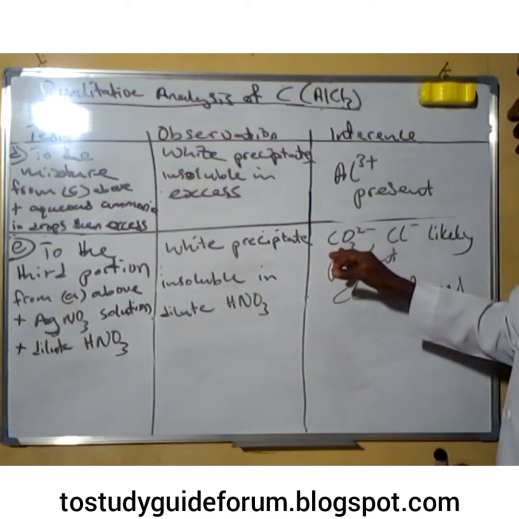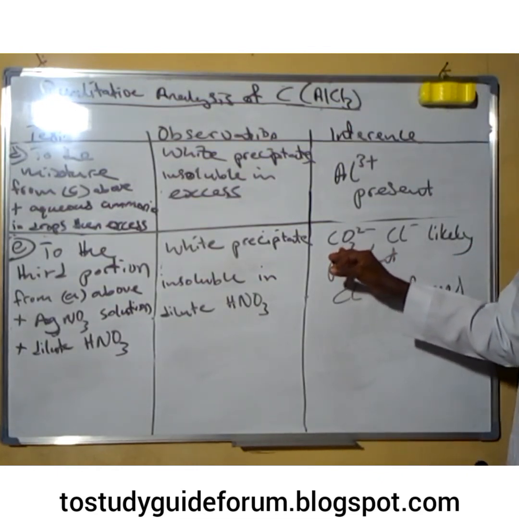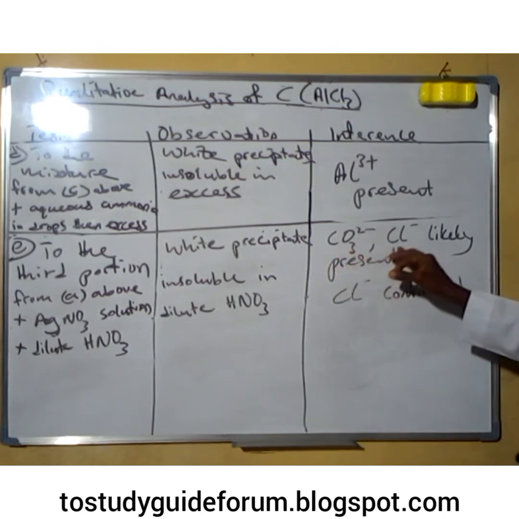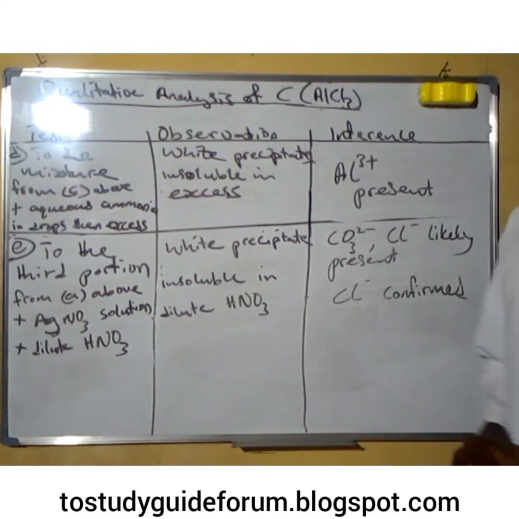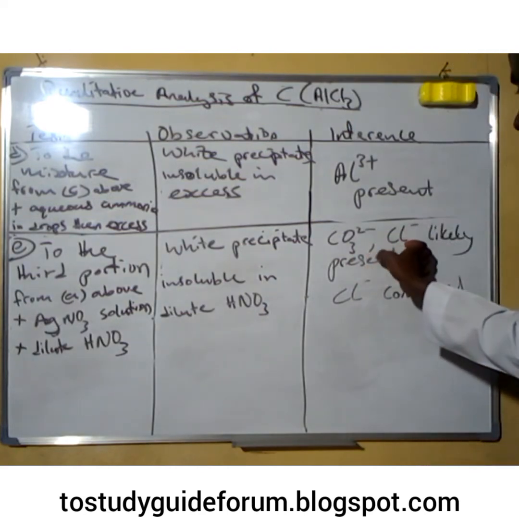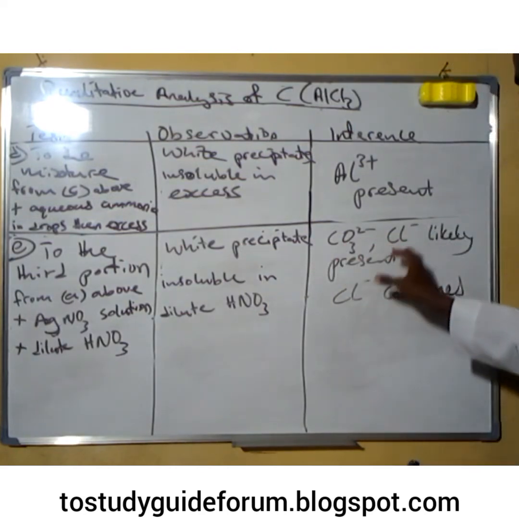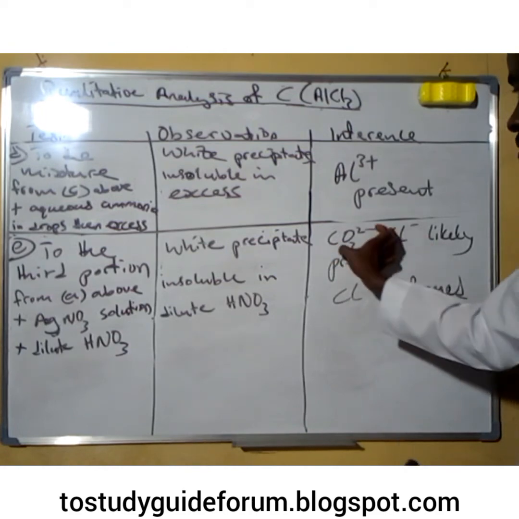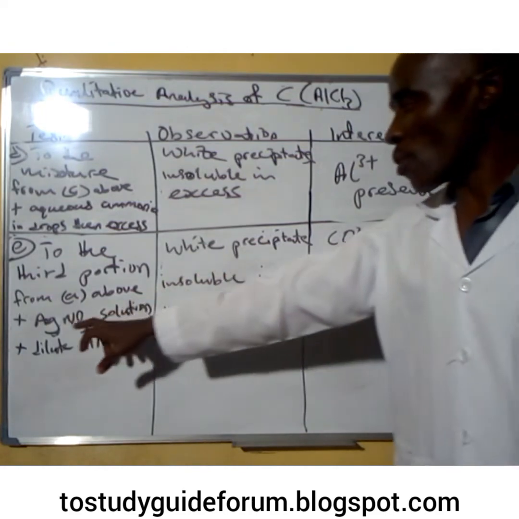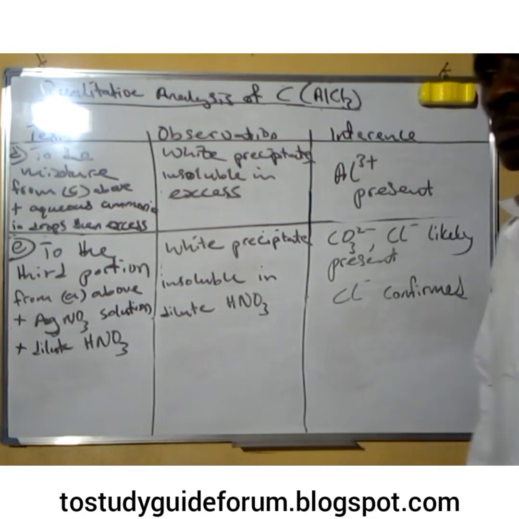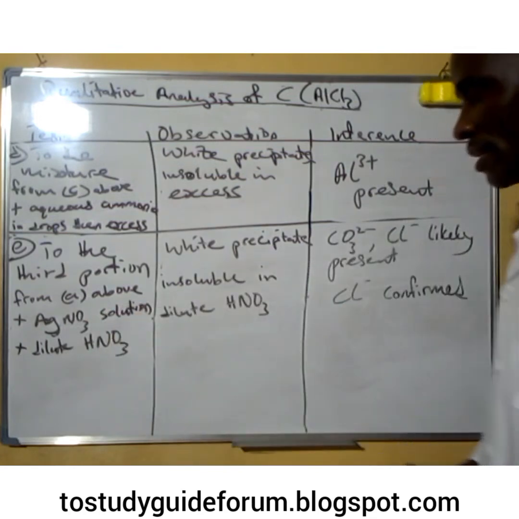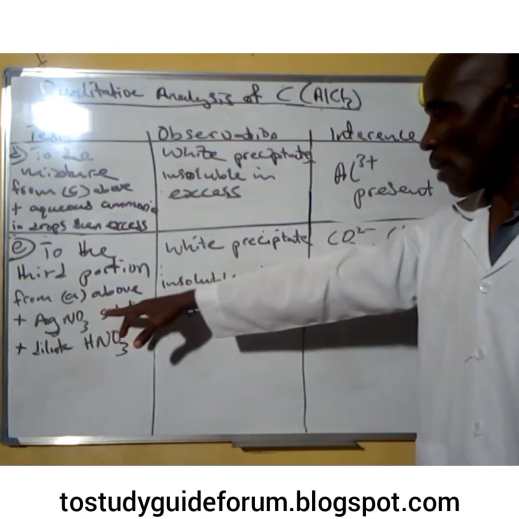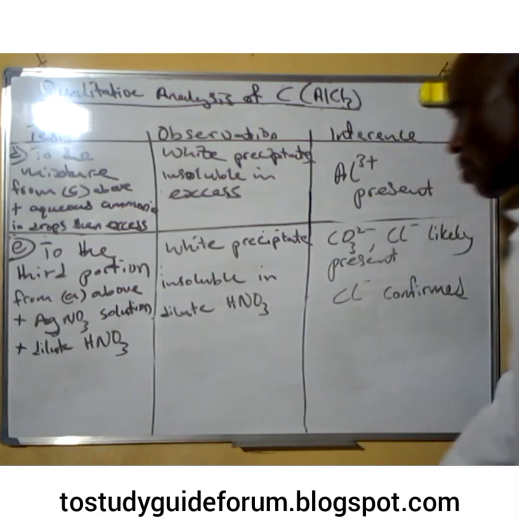A white precipitate really indicates that it is likely to be carbonate or chloride, because these are the two ions that can form an insoluble compound, a white precipitate, with silver.